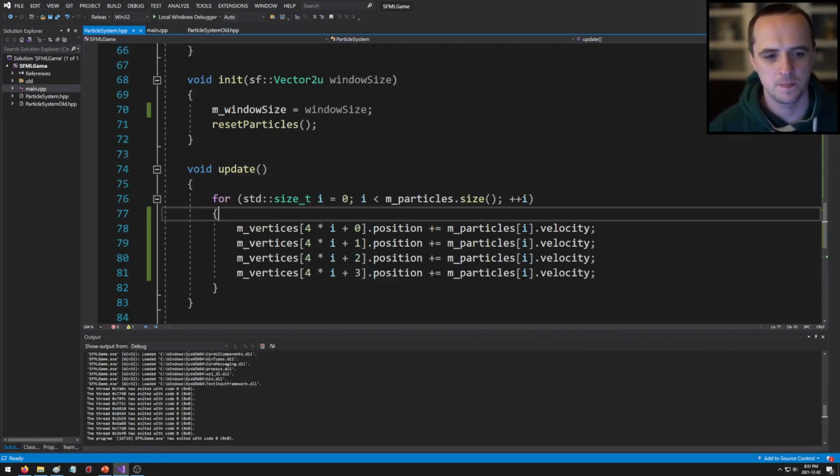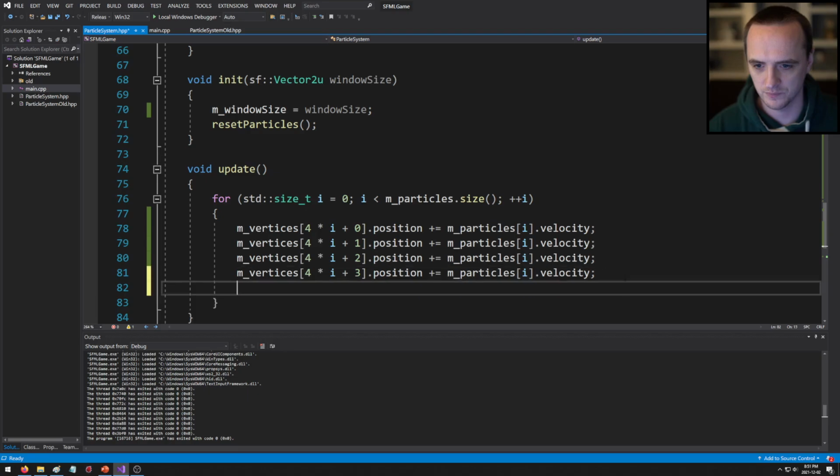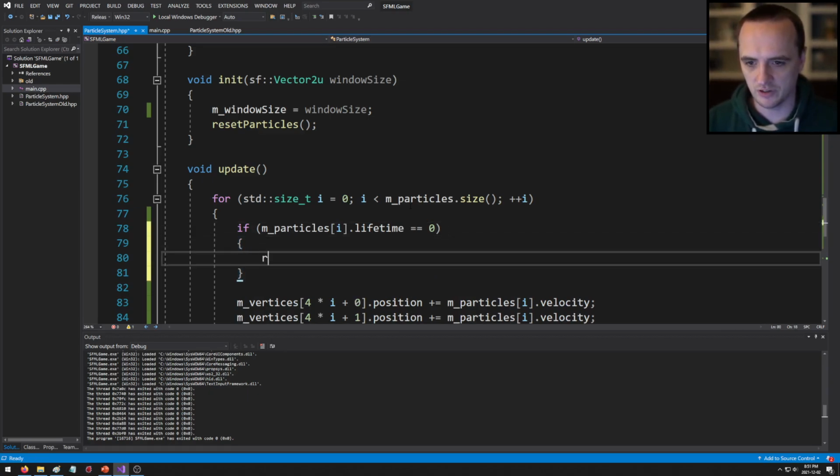The next thing that I'll do before I fix that is I'm going to deal with the lifespan. So before I update the positions, I'm going to say, okay, if particles[i].lifetime is equal to 0, so if the lifetime of my particle has expired, then I'm going to call reset particle on index i.